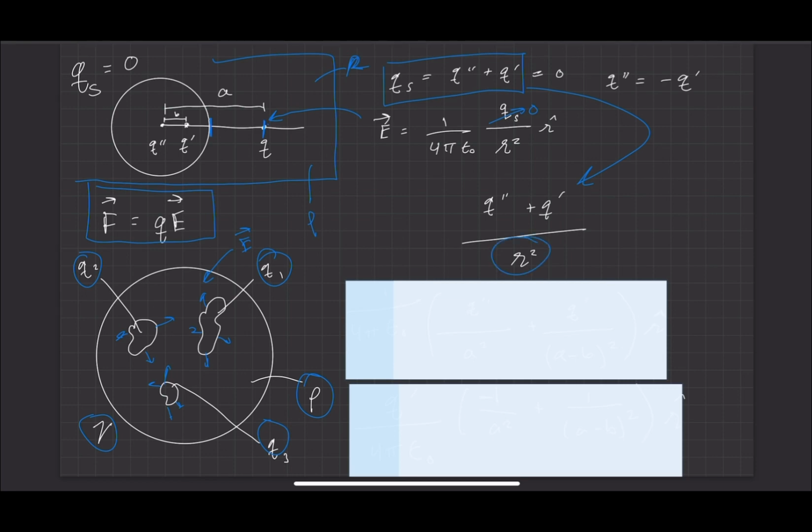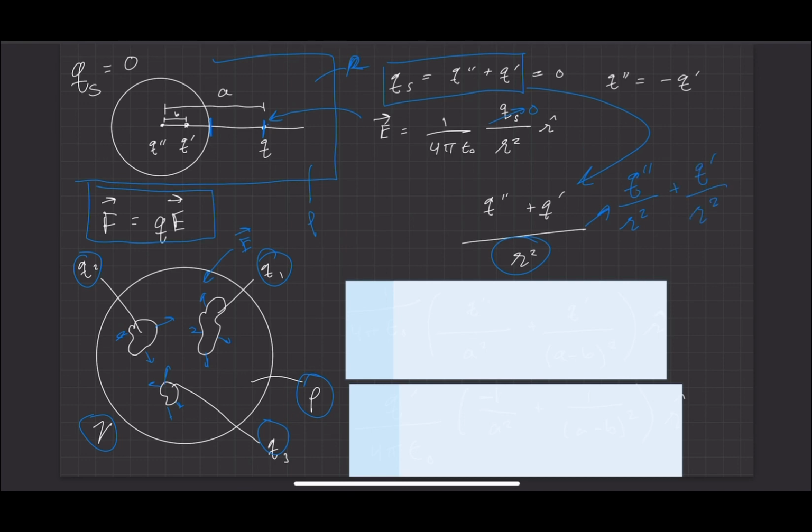Script r squared. Script r is just the separation between the charges and the point that we are finding the E field at. So we can rewrite this as q double prime over r squared plus q prime over r squared.